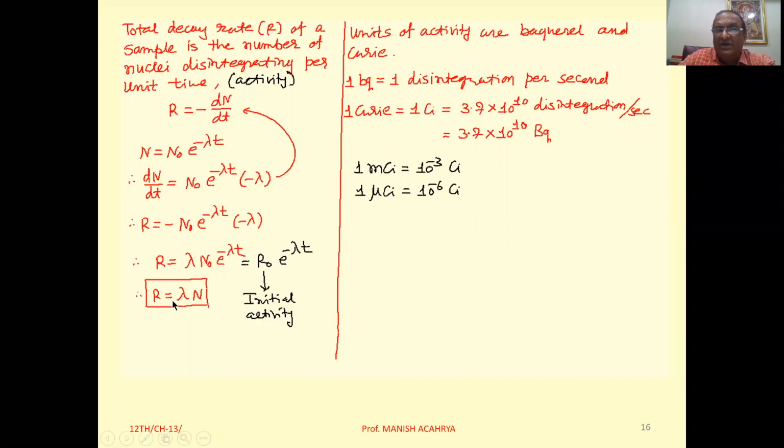From this equation, the initial activity is lambda into N0, where N0 is the number of nuclei at time t equal to 0. So we can write R equal to R0 e raised to minus lambda t also. Clear to all of you?